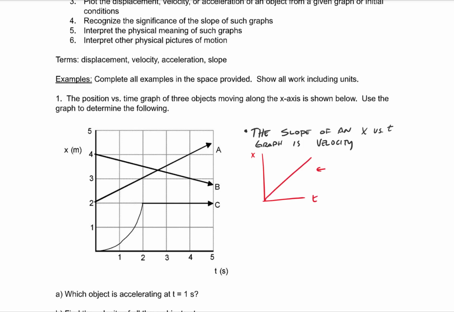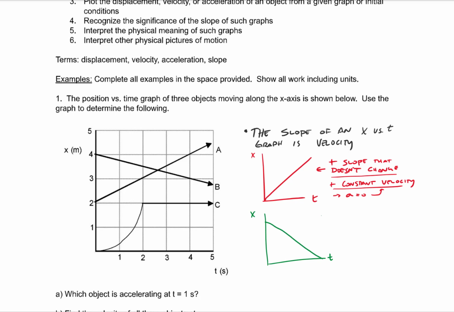If we have a position versus time graph that looks like this, that's positive slope, and that slope does not change, so that means we have positive constant velocity. And since the velocity is constant, the acceleration is 0.